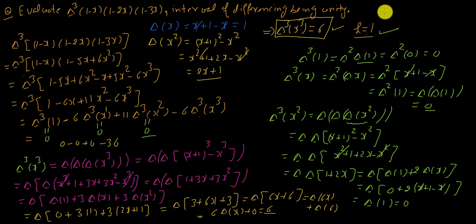So therefore we have calculated, so let me write it over here. I think here it will be fine. Delta cube of 1 minus x, 1 minus 2x, 1 minus 3x is nothing but equal to minus 36.